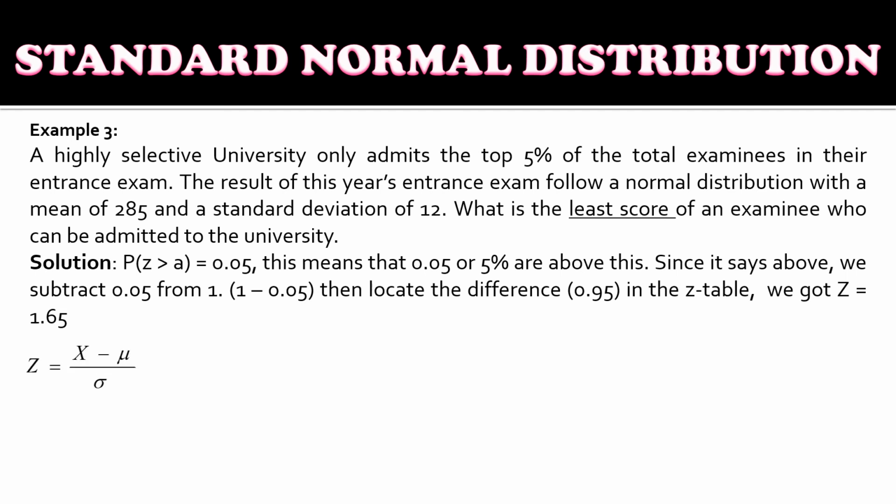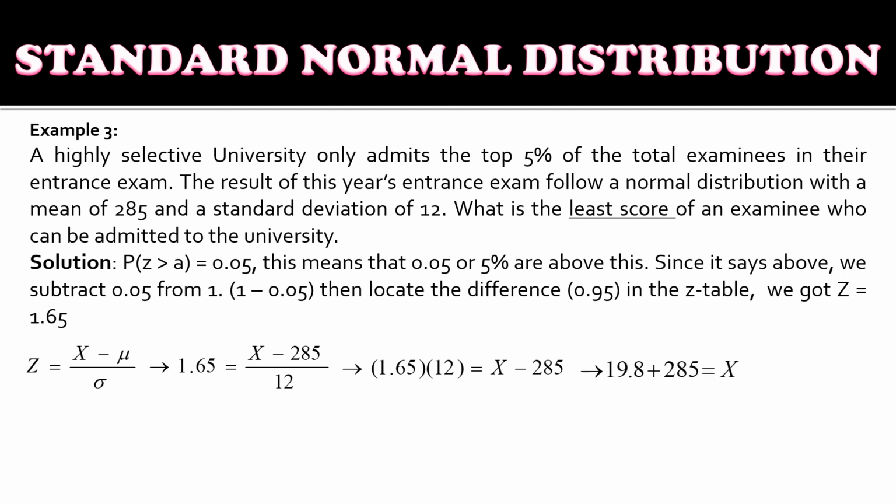Then now we can solve. So we have the given Z, that's 1.65 equals X, where X is the one we're looking for, or the score, minus the mean, which is 285, and the standard deviation is 12, so divided by 12. Solving algebraically, by cross multiplication, we will have 1.65 times 12 equals X minus 285.